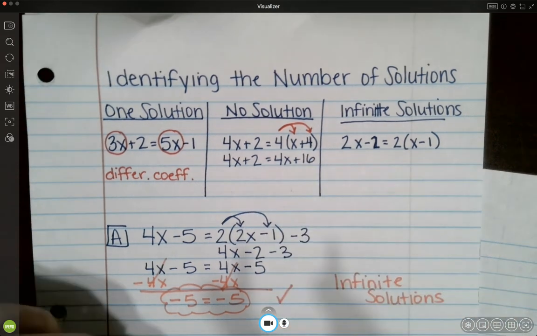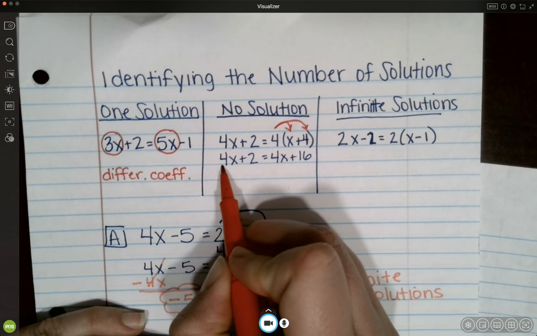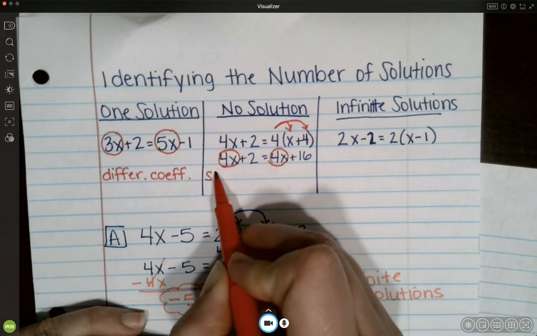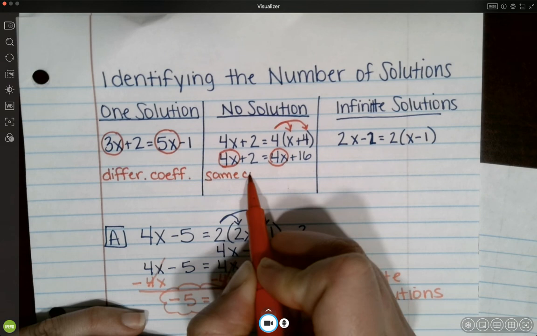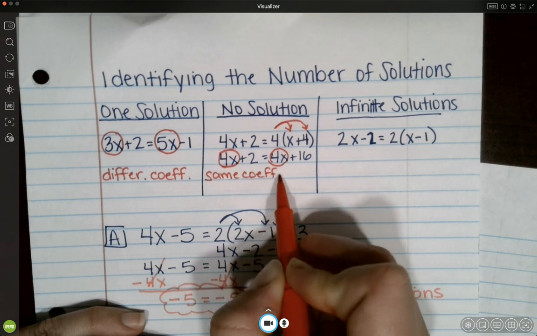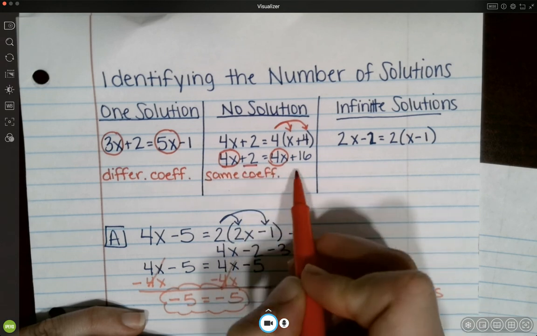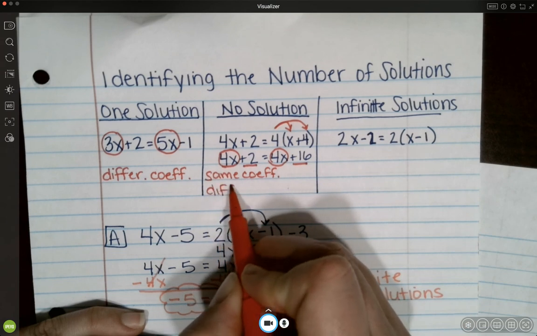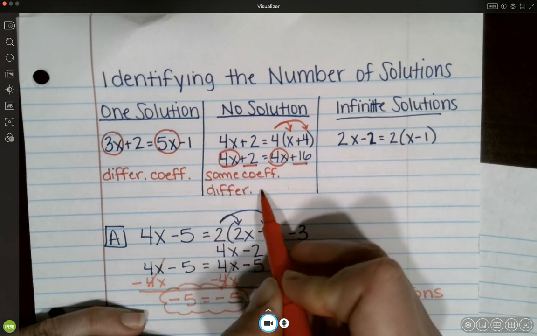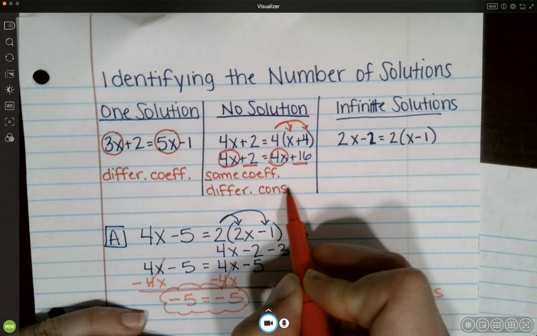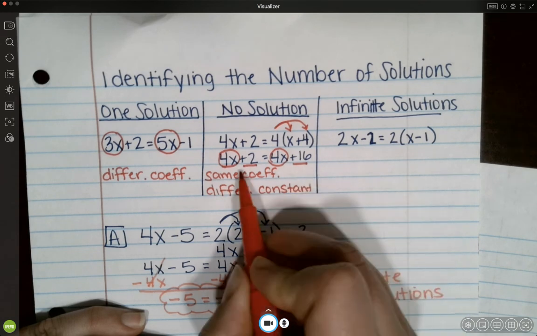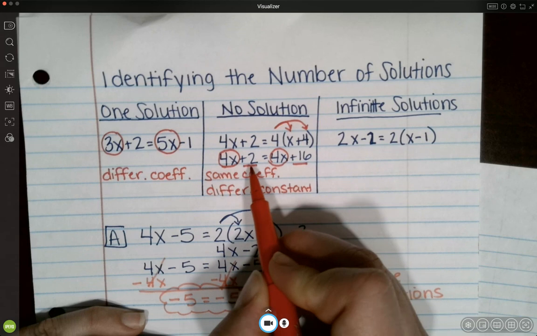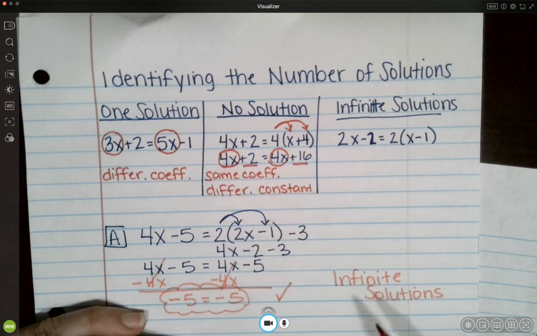So to be no solution, I am going to have the same coefficients on x, but I'm going to have different constants. So I will always have no solution if my coefficients are the same, but I have different constants.